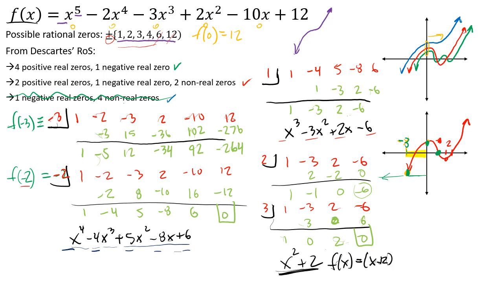The correct zeros were 1, -2, and 3. So those would correspond to x plus 2, x minus 1, x minus 3, and then this last thing, x squared plus 2. So that's the factored polynomial right there, but we were asked to find the zeros.